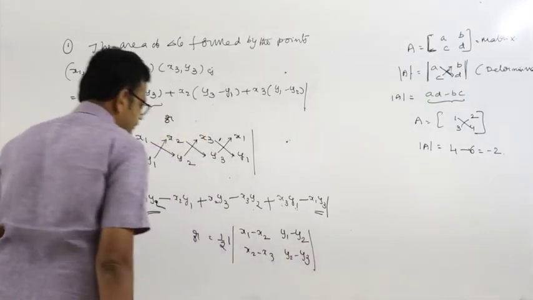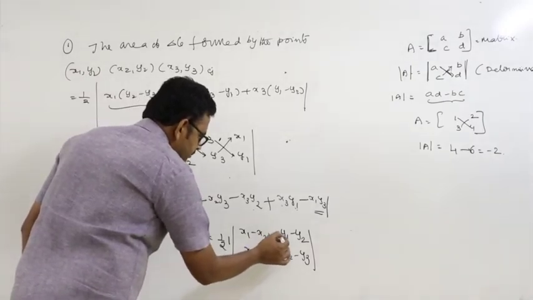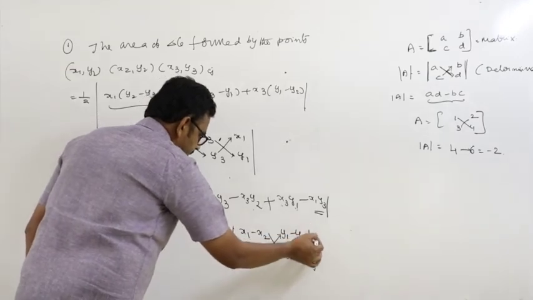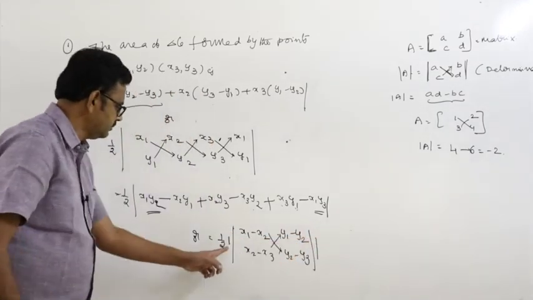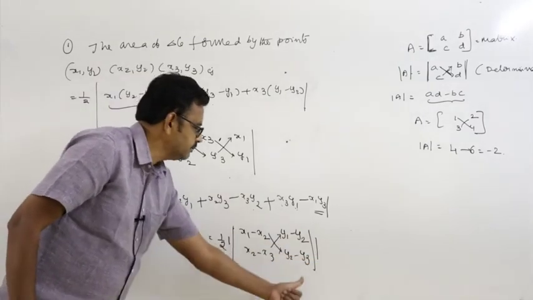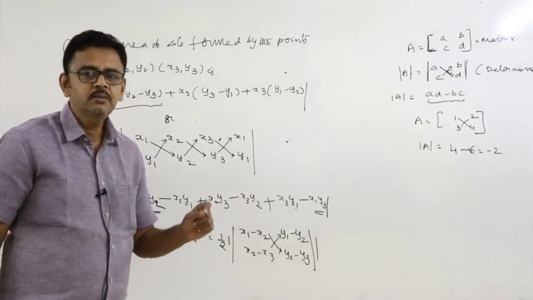That means the product of these two minus product of these two. That is also the area of triangle. This is mod, and this is the determinant symbol, because area is not in negative values.